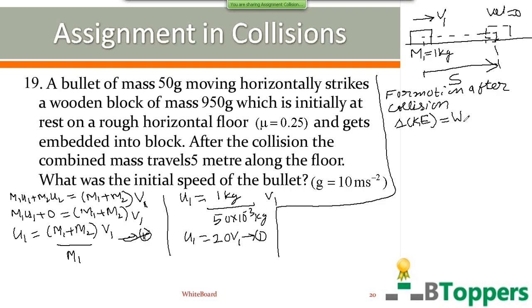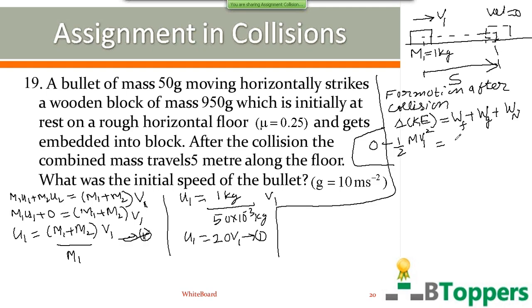That is work done by the frictional force plus work done by the gravitational force plus work done by the normal reaction. Final velocity of the combined mass for motion after collision along the floor, we can take it as 0. So final kinetic energy is 0. Initial kinetic energy of the combined mass is half m v1 square.